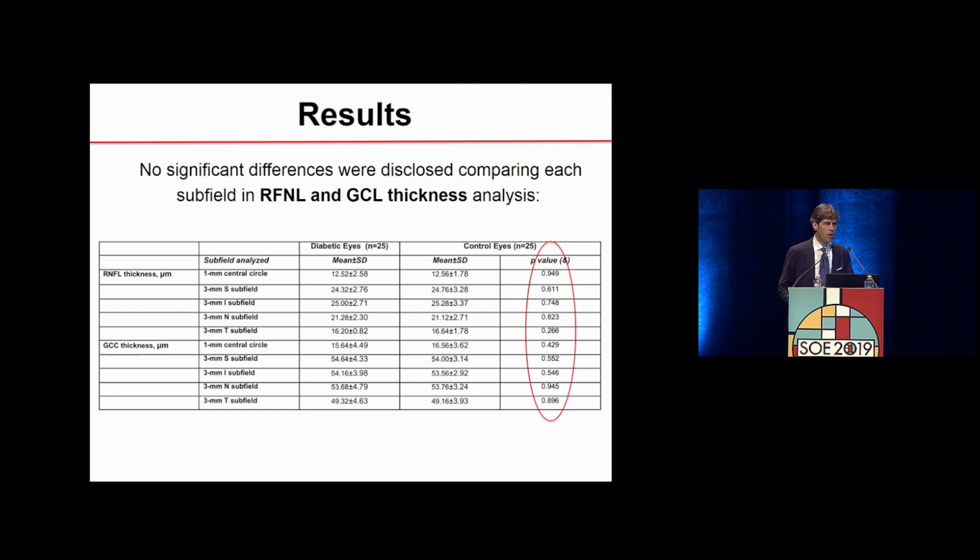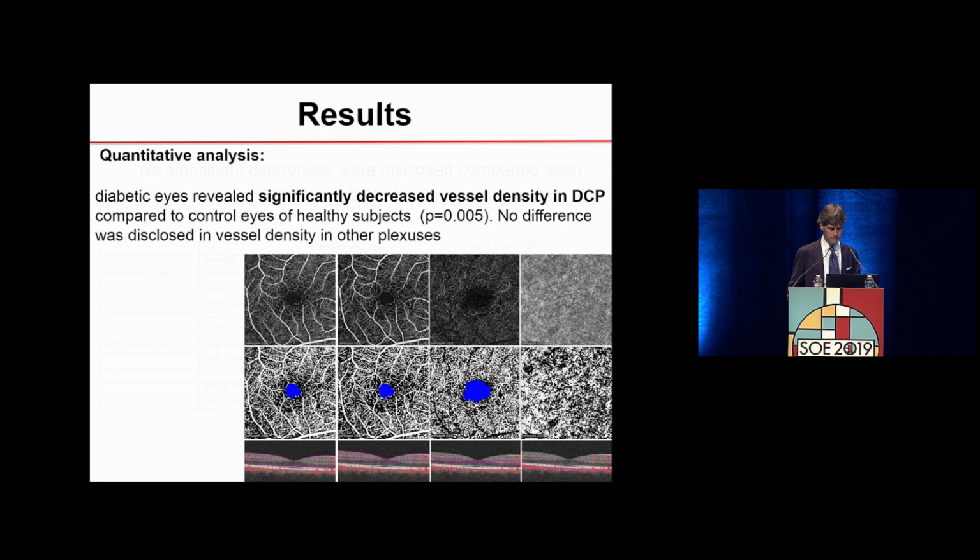These are the results. As you can see, all the anatomical structure, at least for what we can detect with a structural OCT, appeared normal. And this is relative to RNFL and to ganglion cell thickness. So no changes in eyes without signs of retinopathy, but still diabetic. And these were pediatric patients with at least 5 years of diabetes.